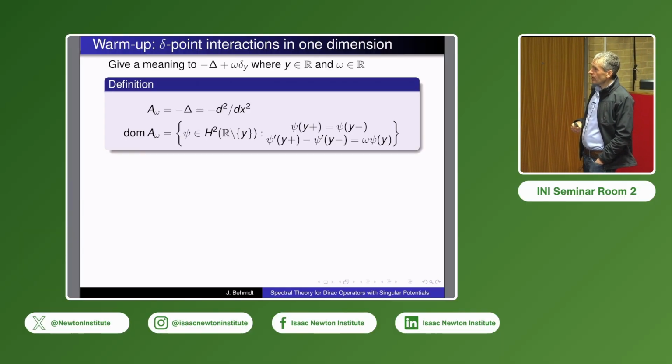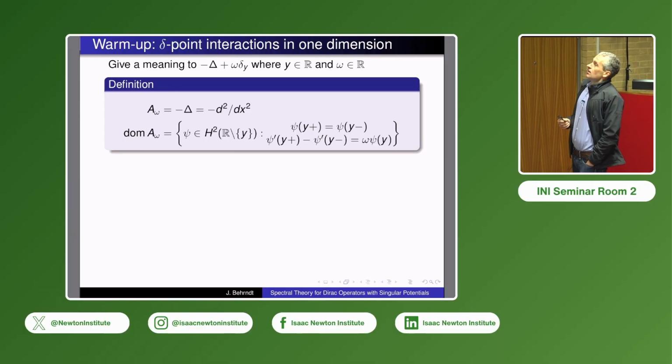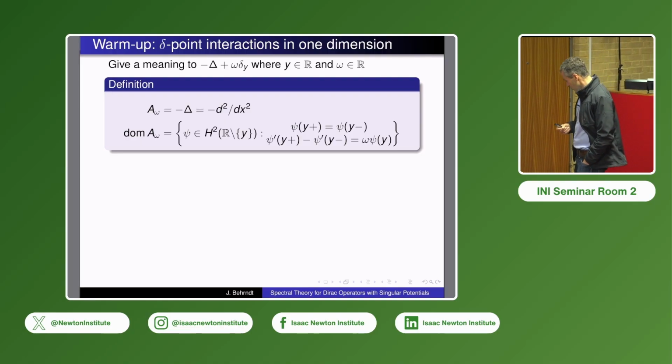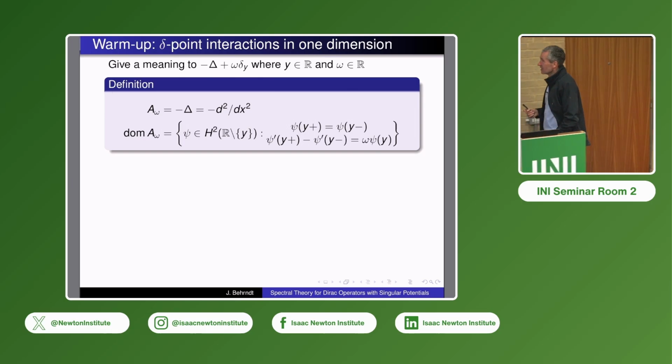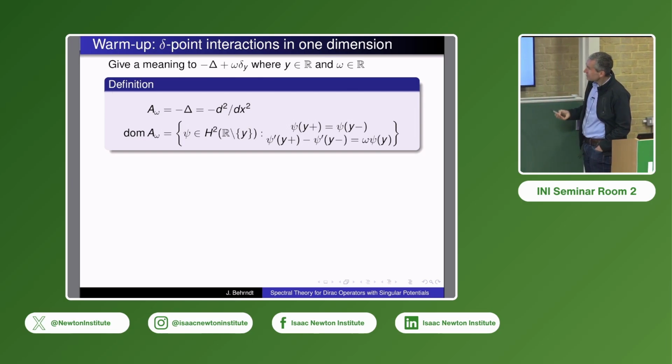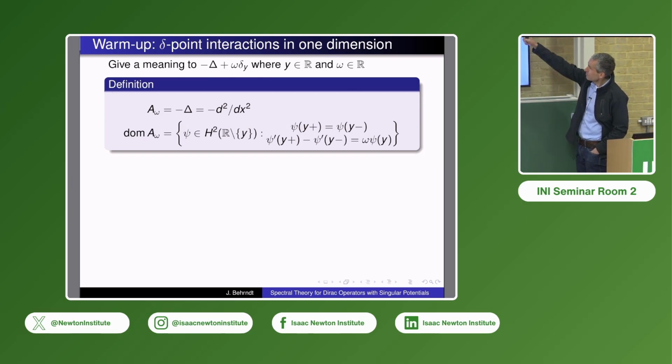So here's one way how you can do it. Your operator actually is just the Laplacian. You don't see the distribution in the action of the operator, but you see something unusual happening in the domain of the operator. And the unusual thing that happens concerns the behavior of the functions at the point y, where the distribution is supported.